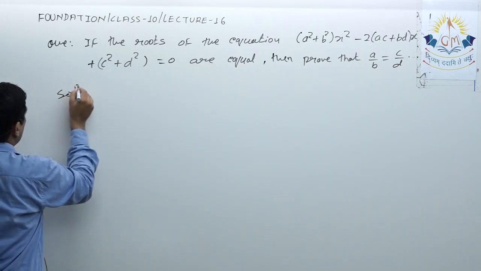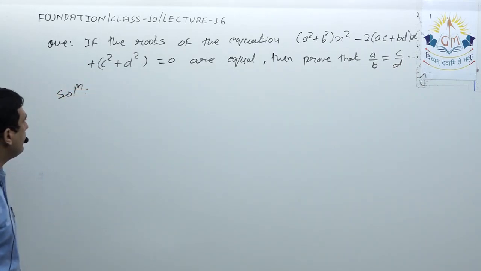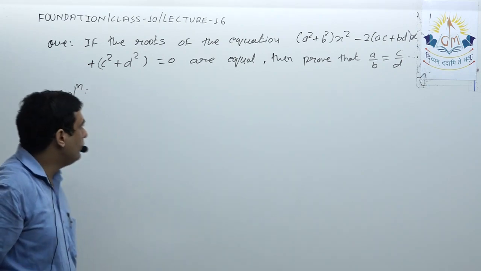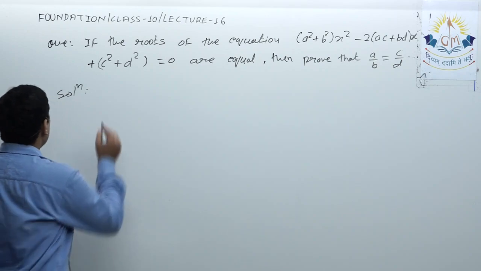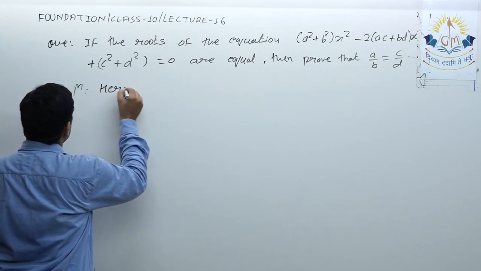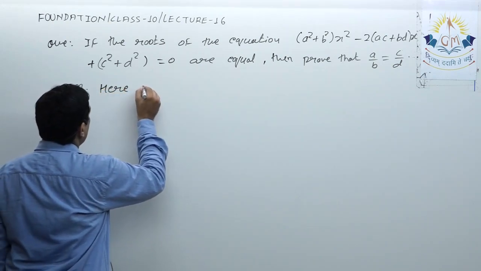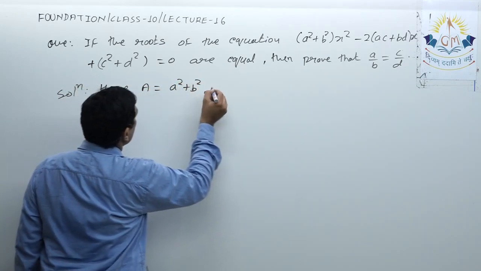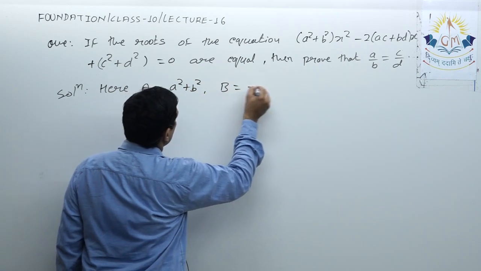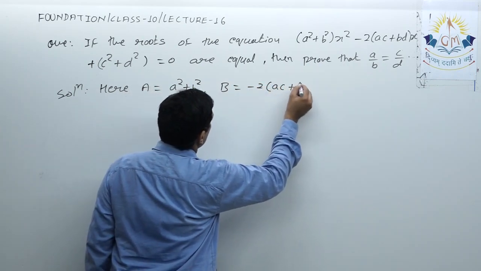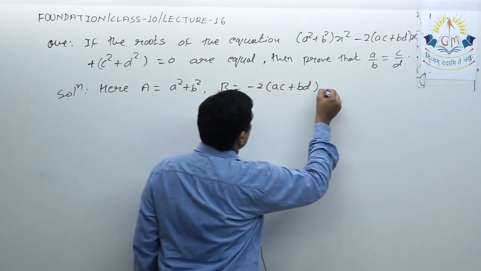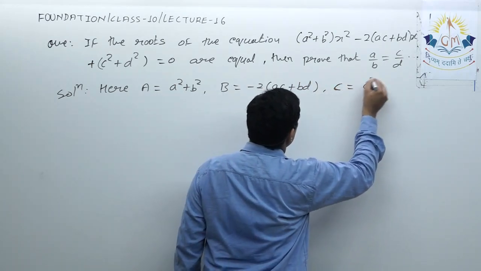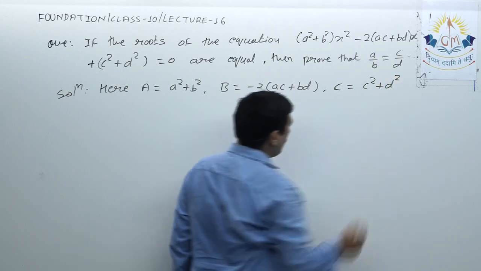Okay, so the roots are equal and the condition for roots to be equal is D equal to 0. So we'll start with that only. Here we have A is equal to a square plus b square, B is equal to minus 2(ac plus bd), and C is equal to c square plus d square.